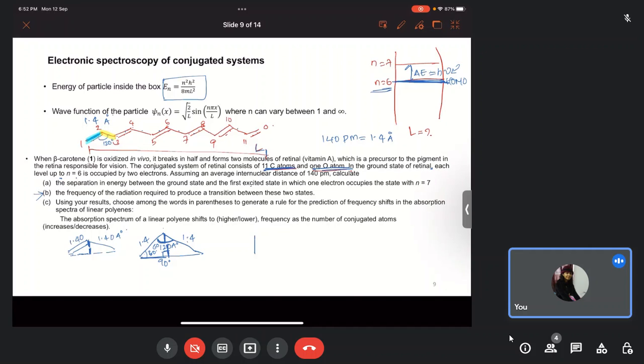Basically you are left with 30 degree, 60 degree, and you have 1.4 angstrom, and you have to find this length. This is opposite to 60, right?